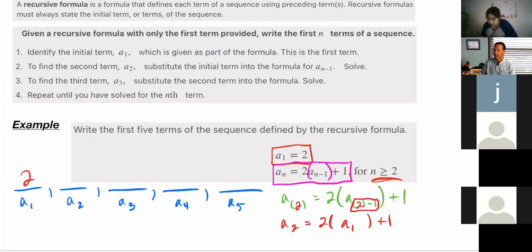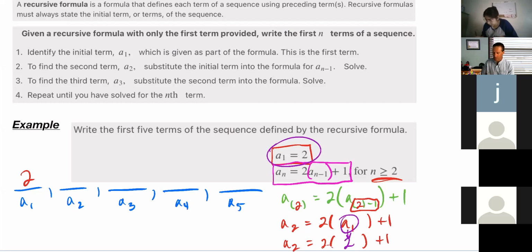My first term. And what is our first term? They gave it to us. It's 2.